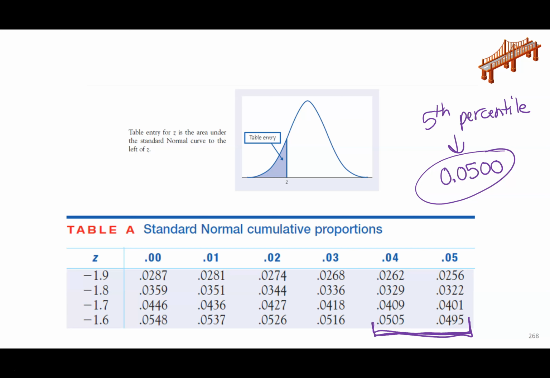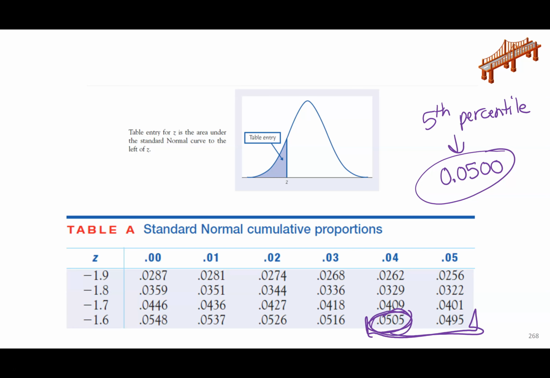These are equally close. So honestly, I like to pick the one that is at least 5%. If I want the 5th percentile, I want at least 5% below it. Honestly, as long as you pick one of these two, we don't care too much which one you pick. So now you have to work backwards.